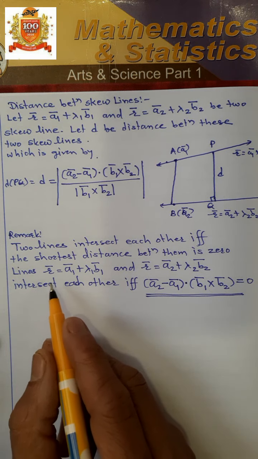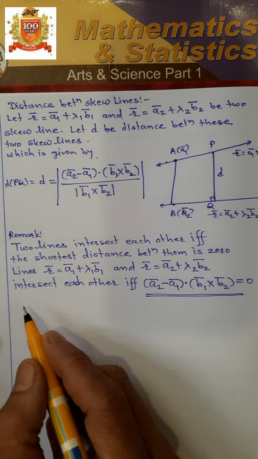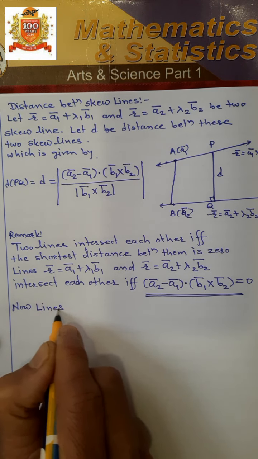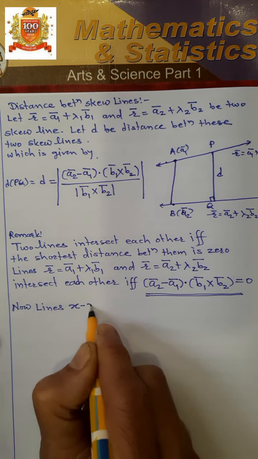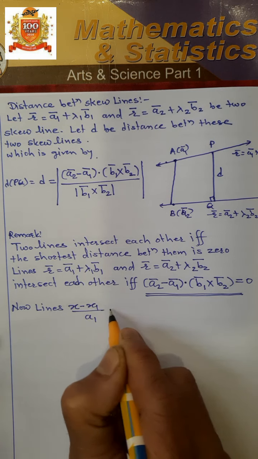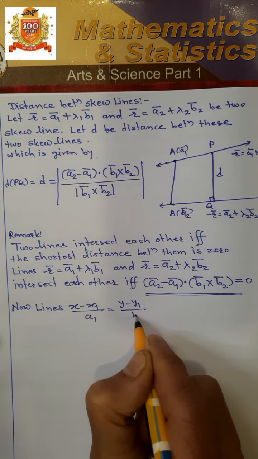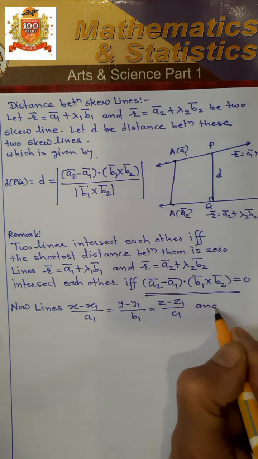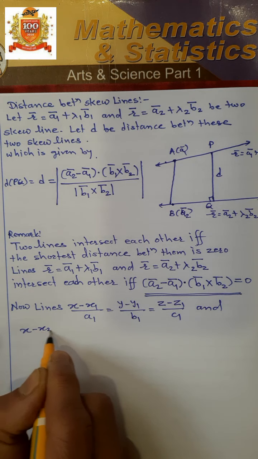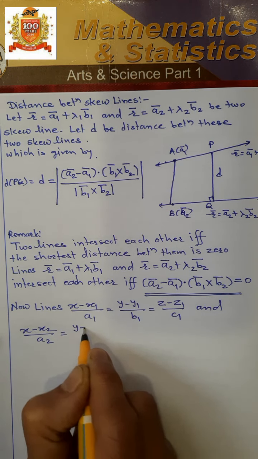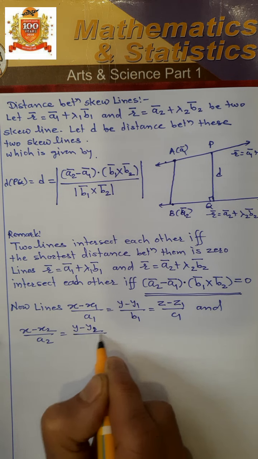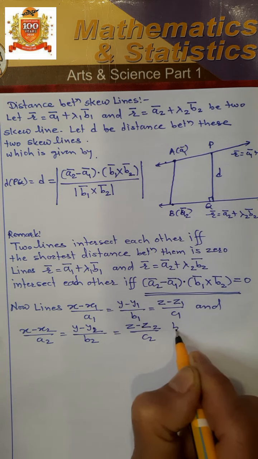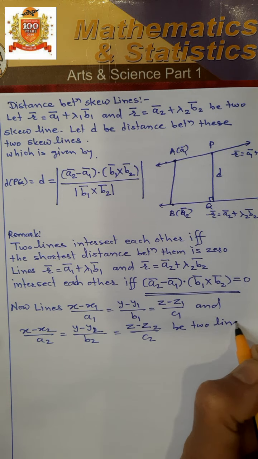Now, this was when equations are given in vector form. If the equations are given in Cartesian form, let lines x minus x1 upon a1 is equal to y minus y1 upon b1 is equal to z minus z1 upon c1, and x minus x2 upon a2 is equal to y minus y2 upon b2 is equal to z minus z2 upon c2 be two lines.